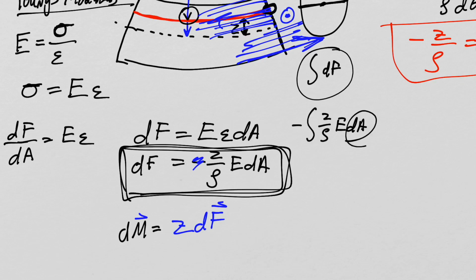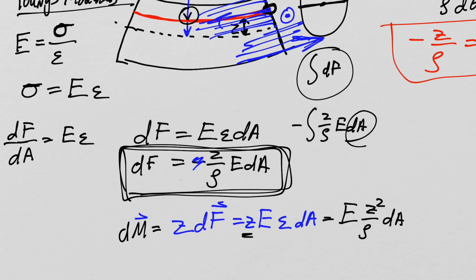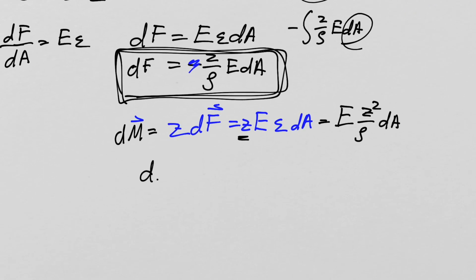That ends up being Z multiplied by the Young's modulus times the strain. The strain is Z over rho dA, and then this Z here makes that a Z squared. And that is the differential of the moment. So the differential of the moment equals E Z squared over rho dA.